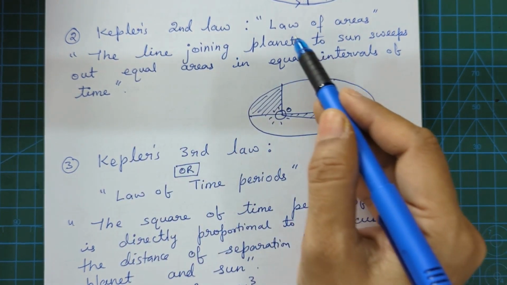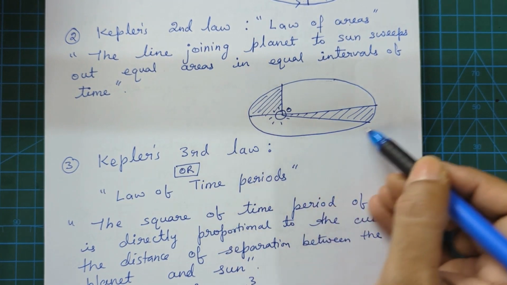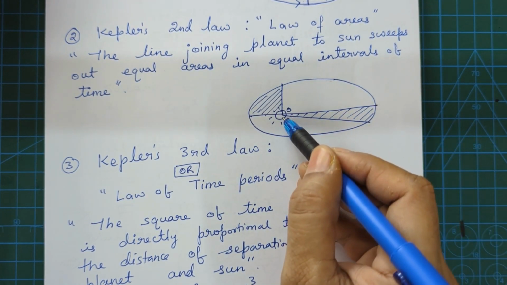So the second law, which is the law of areas, states that, you just see this, the planet in an elliptical orbit with the sun at one of its foci.